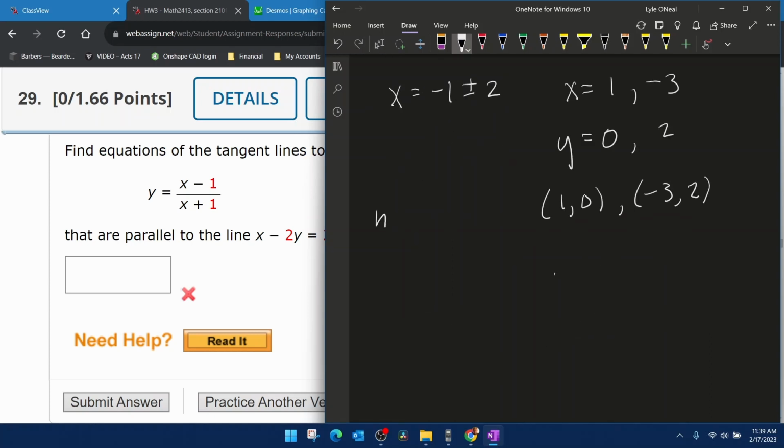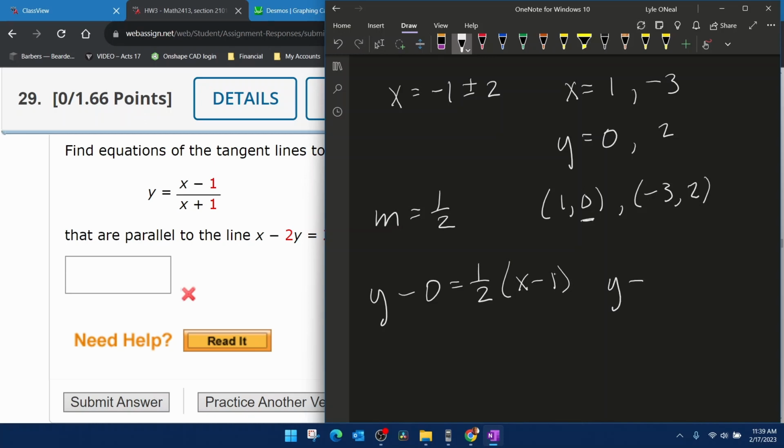And so recall that the slope had to be a half, and now that I know a point and the slope, I can write the equation of these lines using the point-slope form. Here we go, y minus y1 equals m, x minus x1.